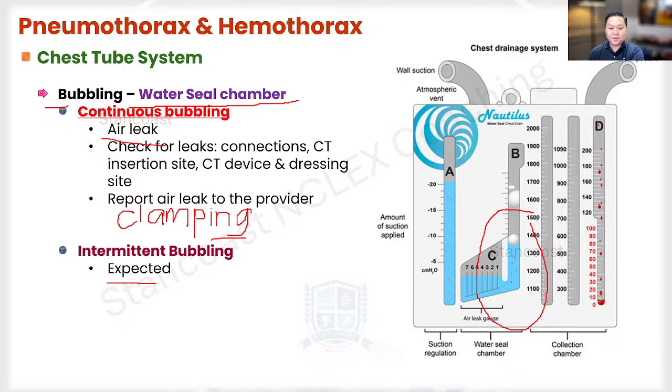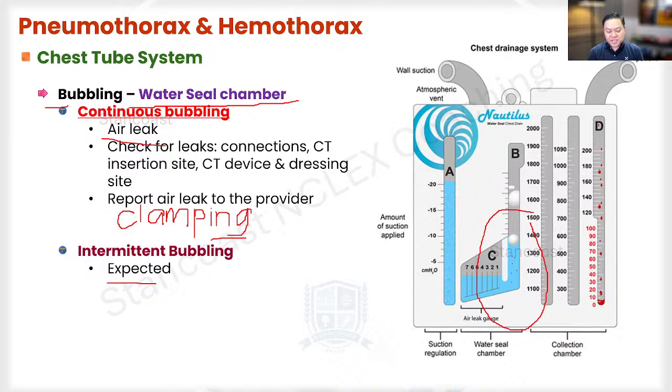We are talking about the water seal. And this simply means that there is now evacuation of the air from the pleural space, such as in the case of a pneumothorax. And it can also be observable when you're going to instruct the patient, for example, hey, I want you to take a deep breath this time.